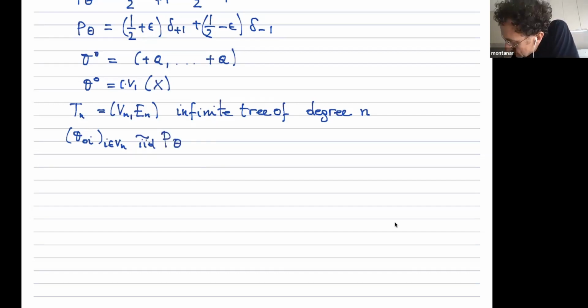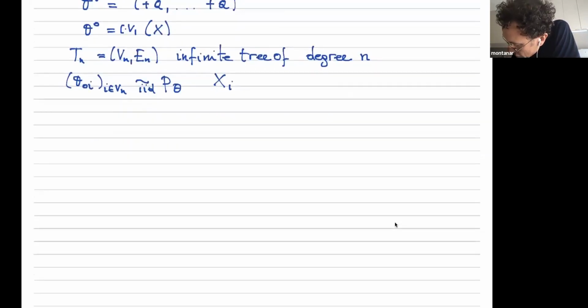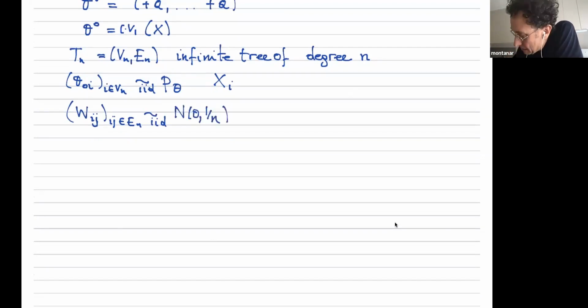And to the edges, I draw IID random variables normal 0, 1 over n. So I'm mimicking basically the same problem on a tree. And the observation is X_ij equals theta 0i theta 0j divided by n plus W_ij.